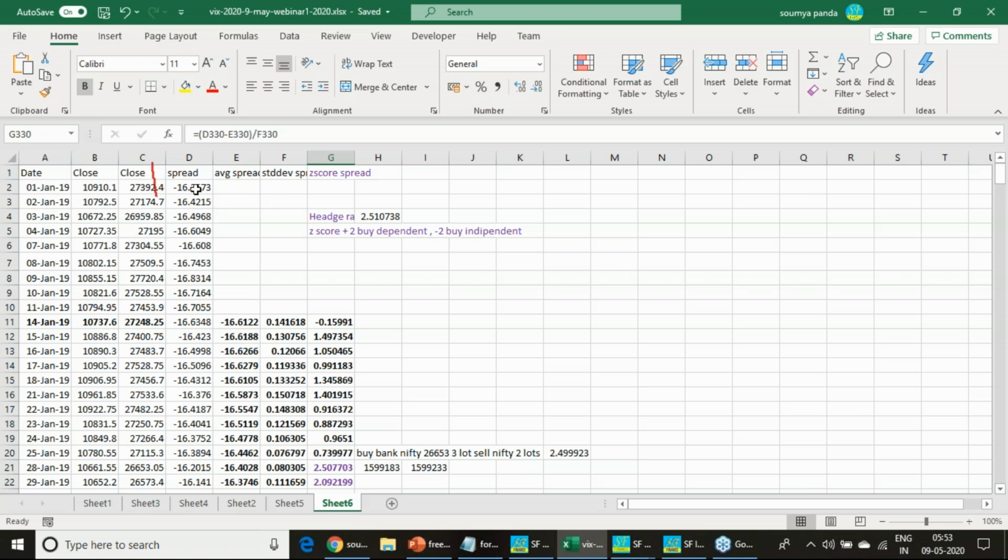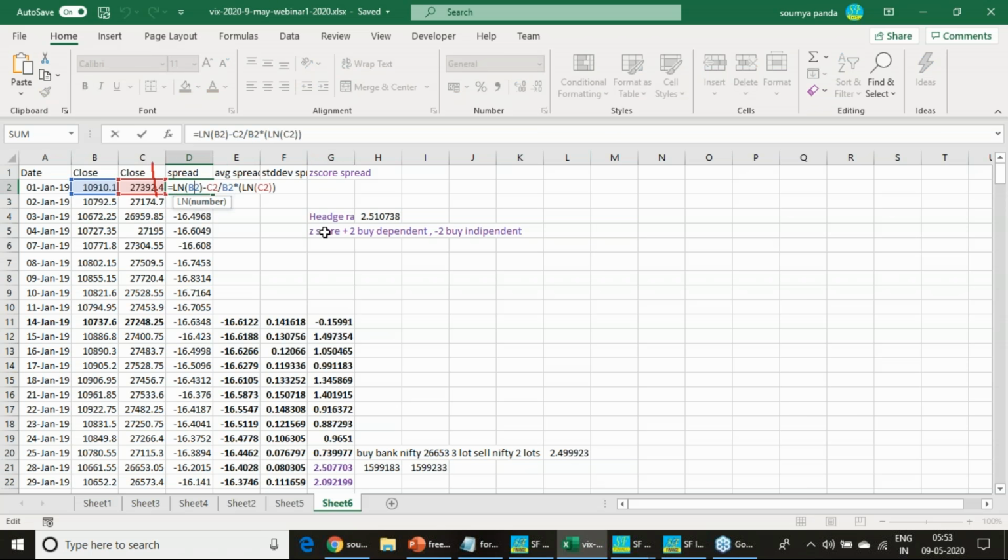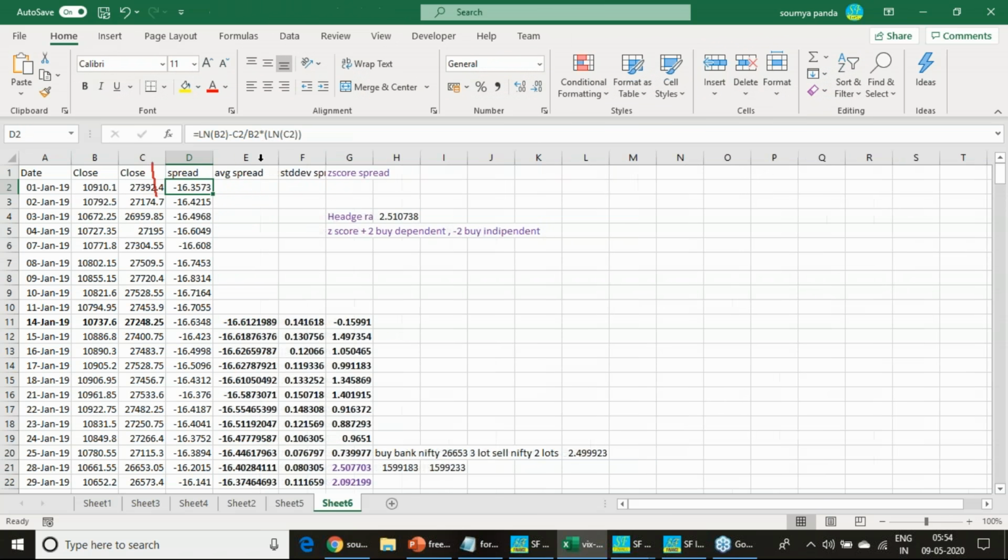Yes, the Z score requires a single data series. So for that, I am just calculating the spread: the logarithmic value of the Nifty minus the Bank Nifty price divided by the Nifty price into the logarithmic value of the Bank Nifty price. This is how you can calculate a spread. You can use any other spread method also.